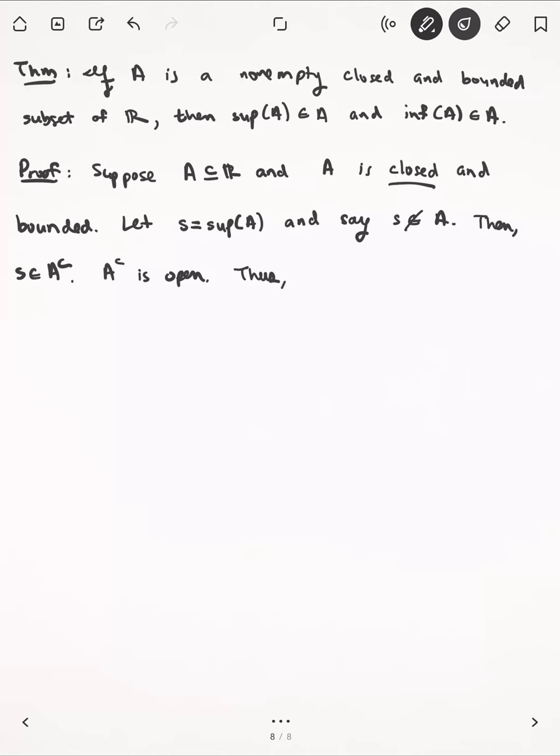Thus, there exists a delta greater than 0 such that the delta neighborhood of S must be contained within that complement.